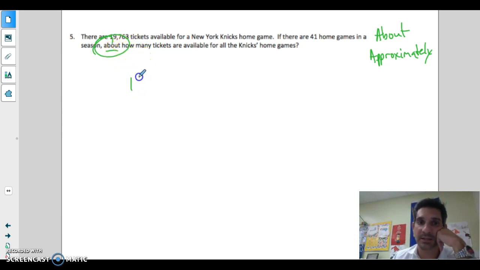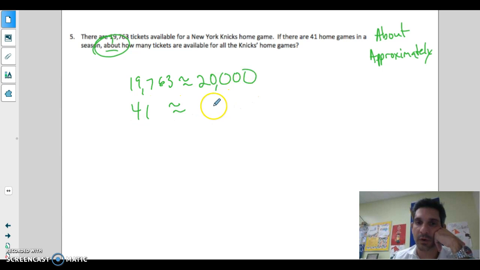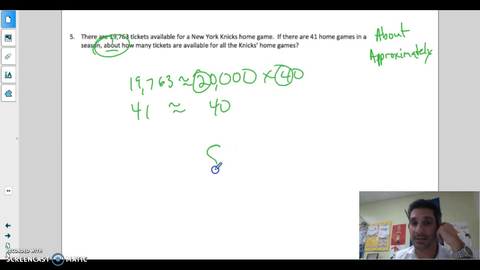So 19,763, I'm going to round that to 20,000. And I'm going to round 41 to 40. So this is times 40. So the basic fact is 4 times 2, and that's 8. And then I have 10,000 times 10, which would be 100,000.